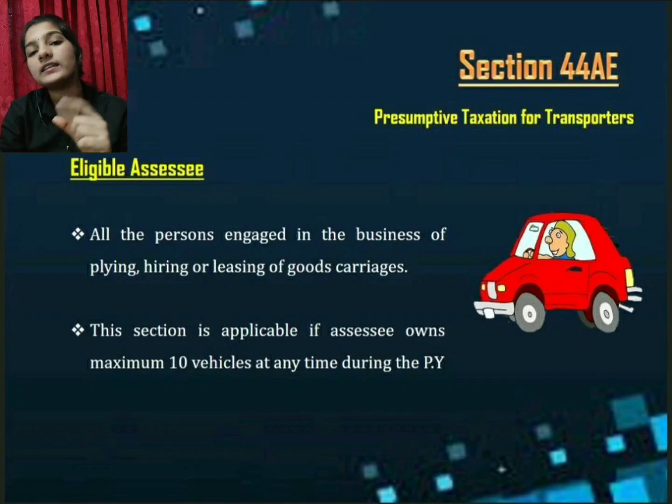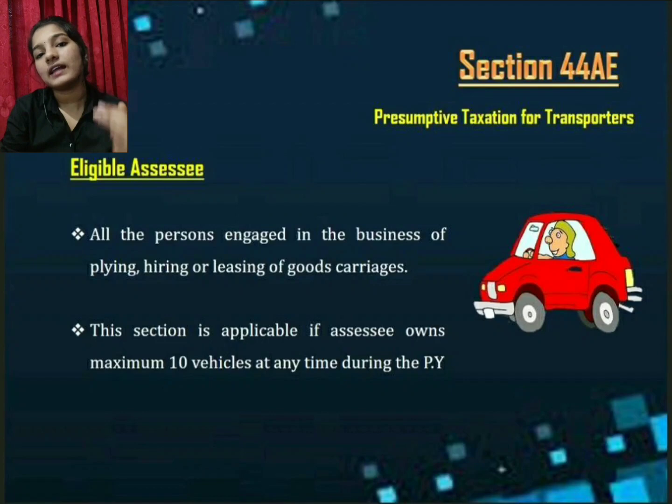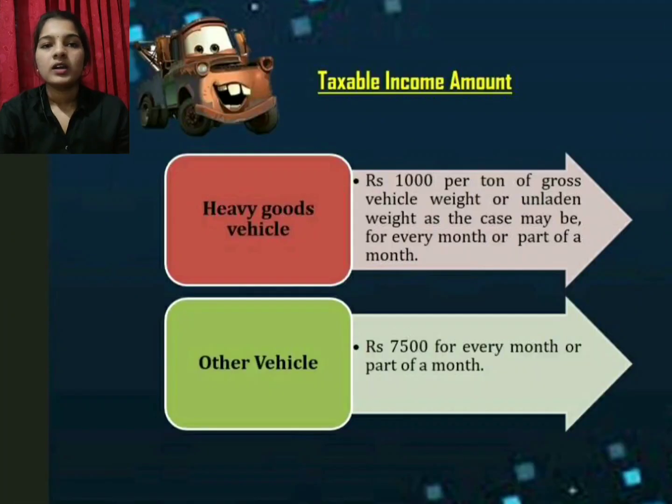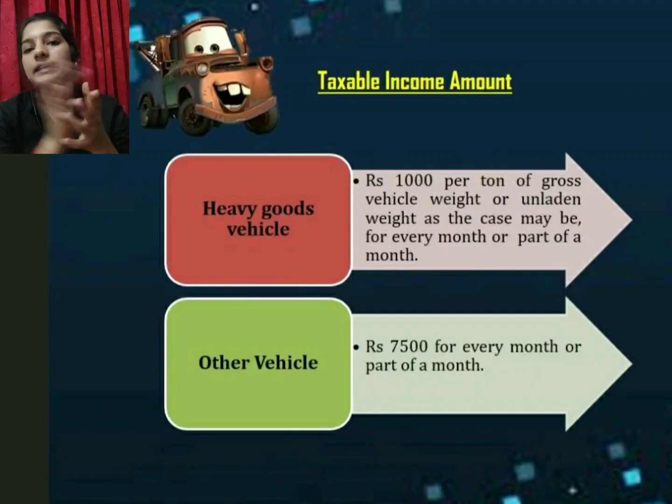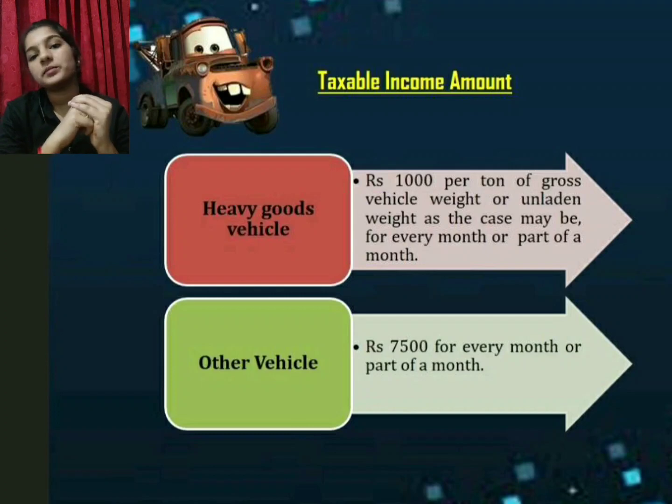And also we should be clear that the word used is owned. So it is not necessary that the vehicle should be put to use. Even if the vehicle was in garage for the whole year, that vehicle will be counted for the purpose of section 44AE. Now, what is the taxable income amount under the presumptive taxation as per 44AE?